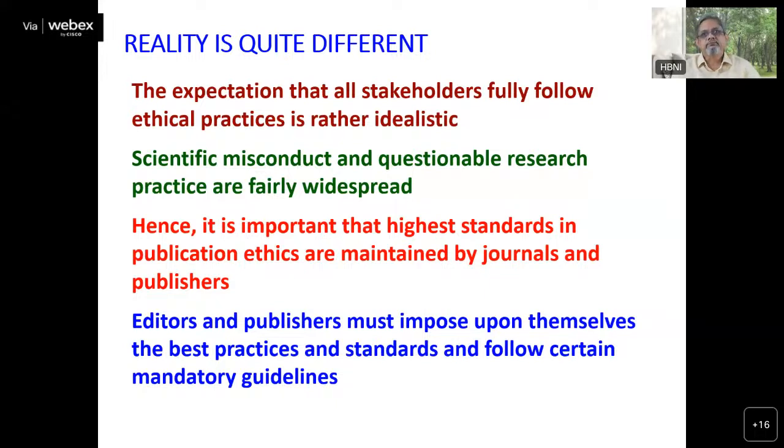So it is quite important that the journals and publishers of journals maintain the highest standards in publication ethics. It is all the more important that the editors and publishers impose upon themselves the best practices and standards, and they should follow certain minimum mandatory guidelines so as to ensure that the publication ethics is maintained.